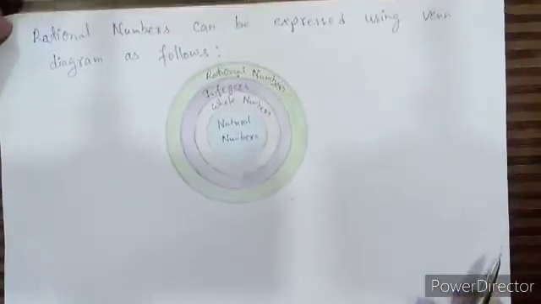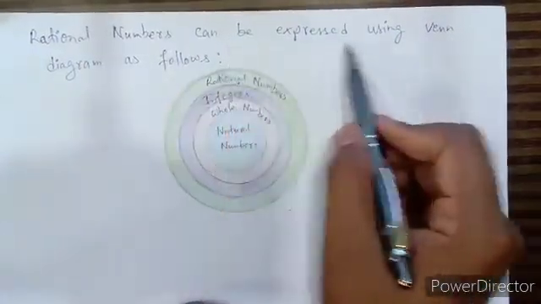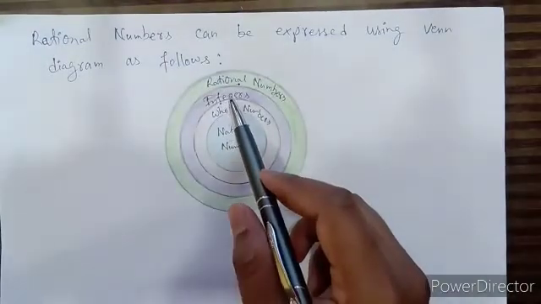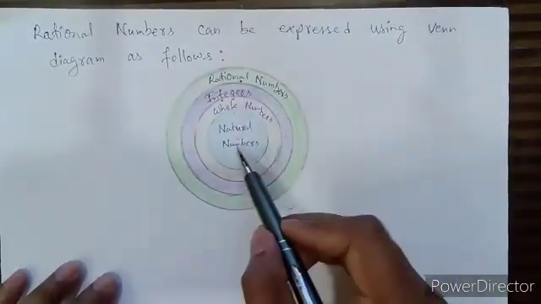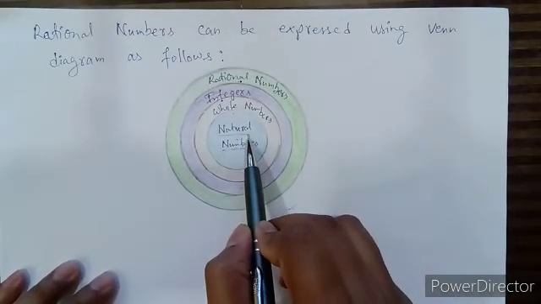In the same way, rational numbers can be expressed using a Venn diagram, as follows. In this Venn diagram, this circle is the natural numbers.